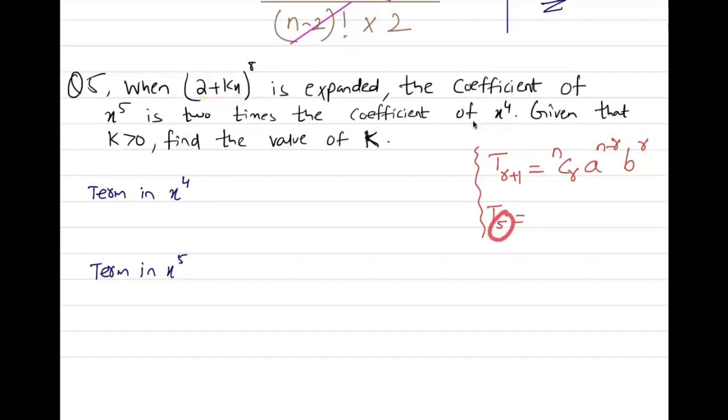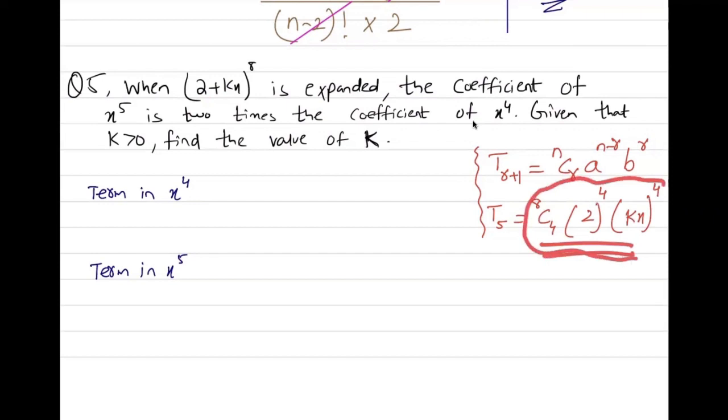So you just need to calculate T5. It's going to be 8C4. First term, 2 to the power of 8 minus 4, that is 4. And the second term is kx to the power of 4. This is going to give you the term with x to the power of 4.